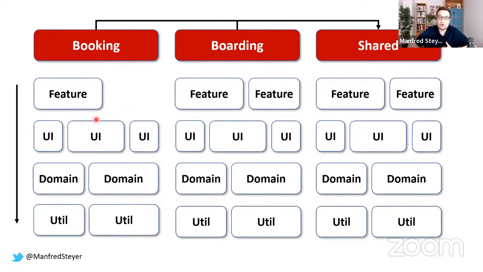Booking can only talk with booking and shared, boarding with boarding and shared. Booking and boarding are not allowed to talk to each other. One more time, this enforces that everything is more or less loosely coupled, and such a matrix is also easy to reason about. It's a nice mental model helping you to survive a huge application.